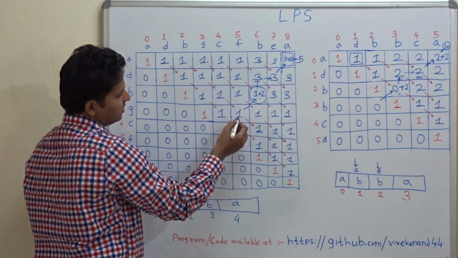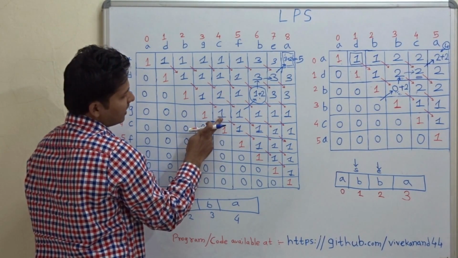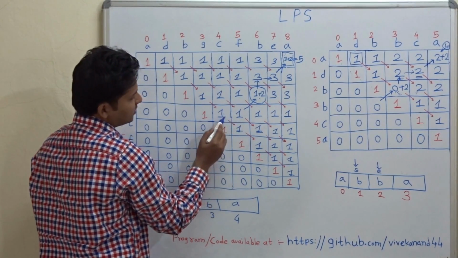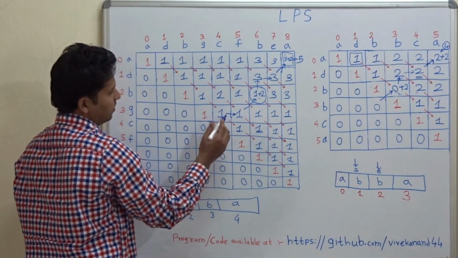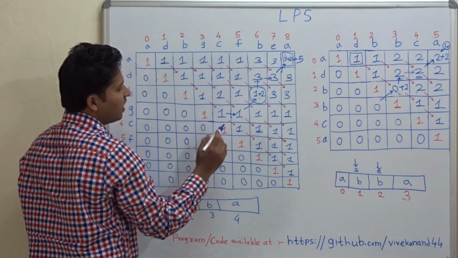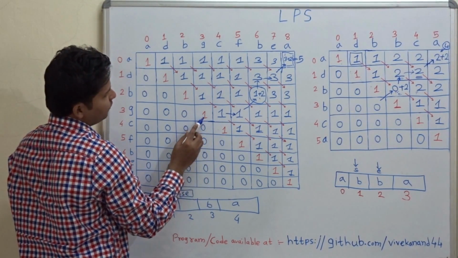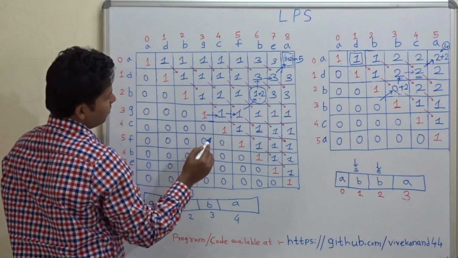Now you can see from where this 1 came. Yes, it came from max of this and this cell. So as both are 1, we can make arrow from any of these cells. So I made it a horizontal arrow. Now from where this 1 came, it came from max of 1 and 1, so I make a horizontal arrow.